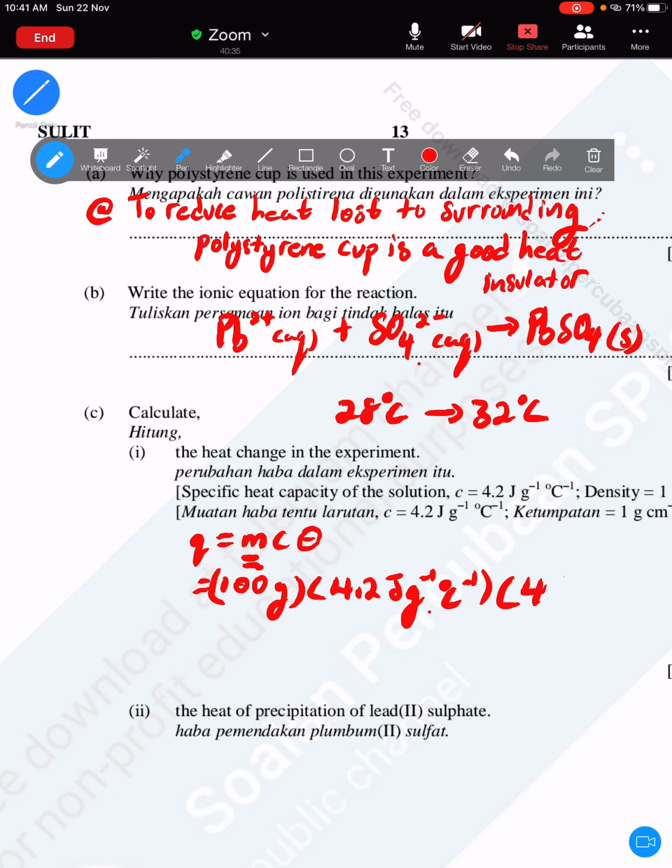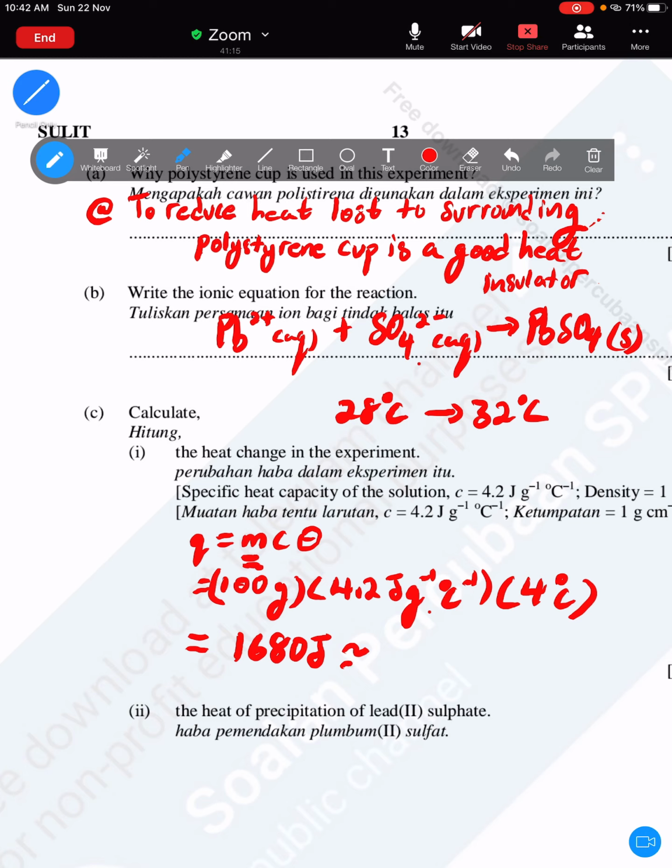Therefore, 4 degrees Celsius. Good. So press the calculator for me. 1680 joule.